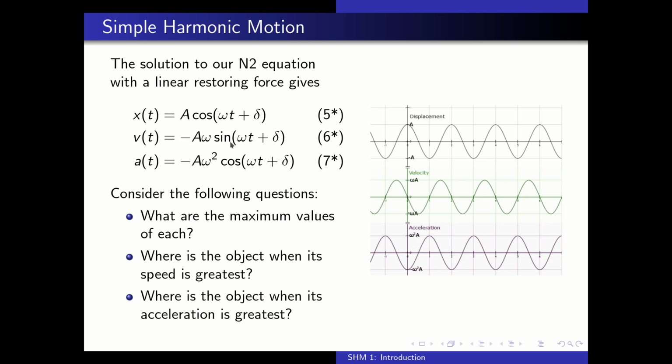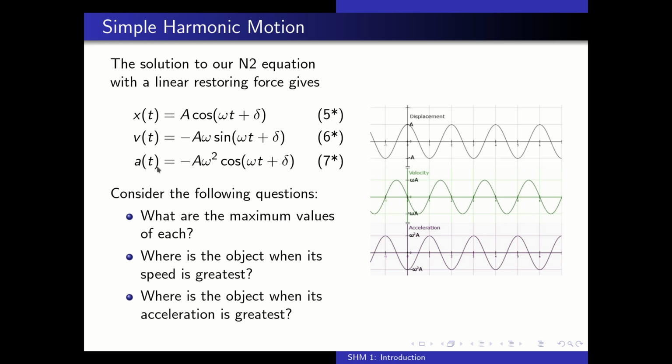What's it going to vary between? Sine varies between 1 and -1, and we're going to multiply it by this coefficient. So our velocity function is going to vary between -A omega and A omega. That's shown right here in this plot. There's A omega. There's minus A omega. So our maximum velocity is this coefficient, A omega.